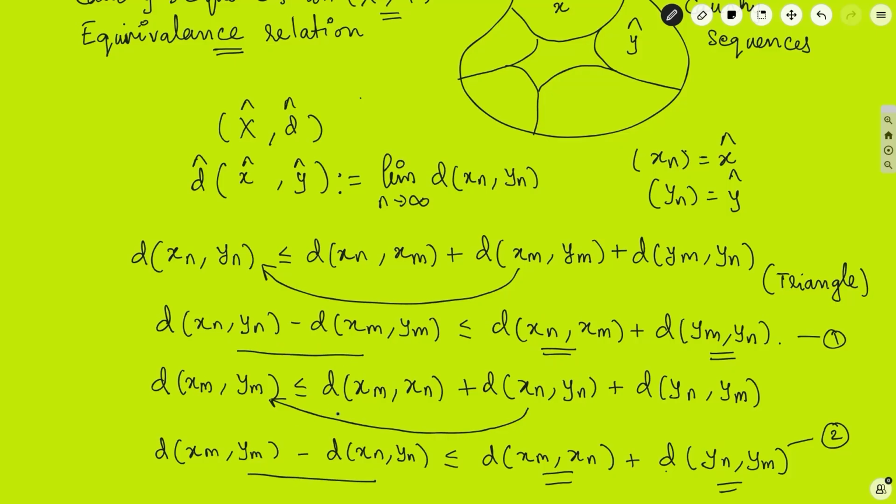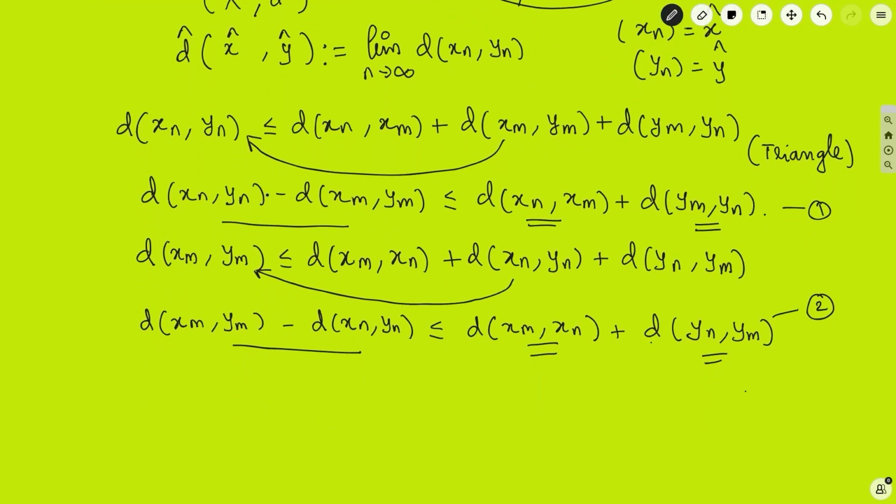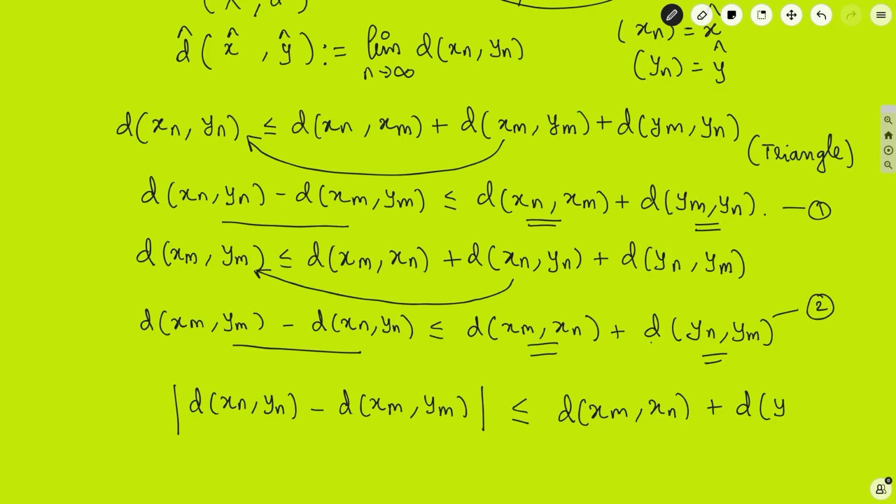The left hand sides are just negatives of one another: d(x_n, y_n) - d(x_m, y_m) and d(x_m, y_m) - d(x_n, y_n). So this implies that in absolute value, |d(x_n, y_n) - d(x_m, y_m)| is bounded above by d(x_m, x_n) + d(y_n, y_m). Okay, so this is what we get.